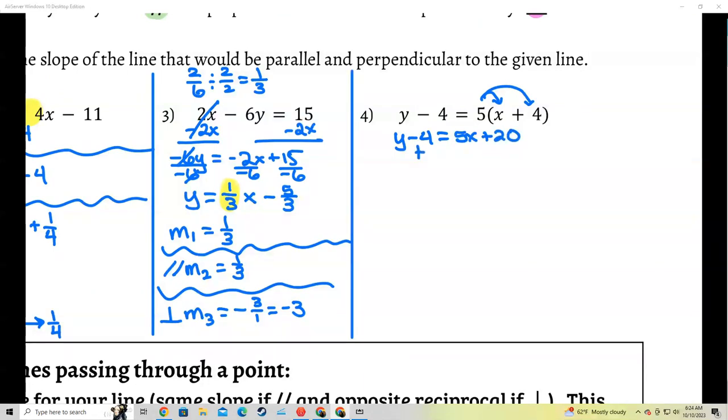I'm going to add 4 to both sides. I get y equals 5x plus 24. Now that I have that, I'm going to go ahead and say that my first slope is 5.